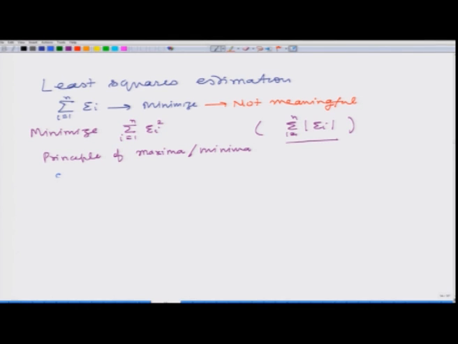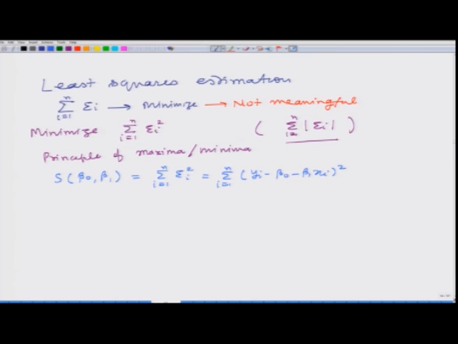So, let me write this summation of epsilon i square as a function S of beta 0 and beta 1: summation i goes from 1 to n of epsilon i square. This can also be written as summation i goes from 1 to n of y i minus beta 0 minus beta 1 x i whole square.